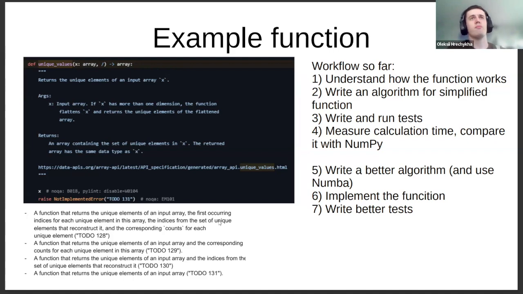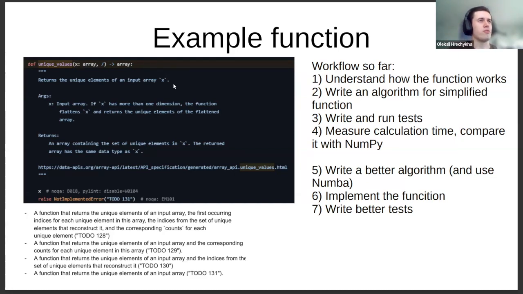And as I am a beginner in Python, so far I have understood what this function should do, wrote an algorithm which does what the API says such a function should do. And I've also looked into writing tests, measuring calculation time to judge the efficiency of the function, etc.